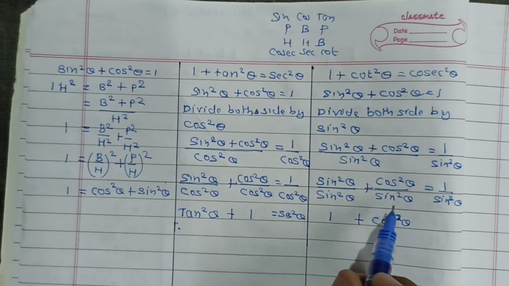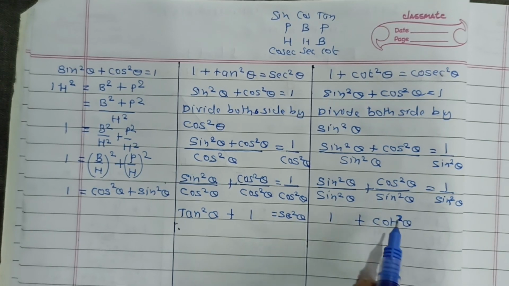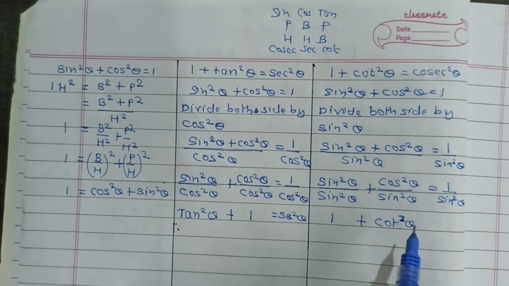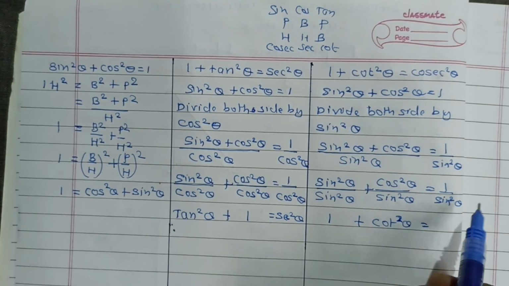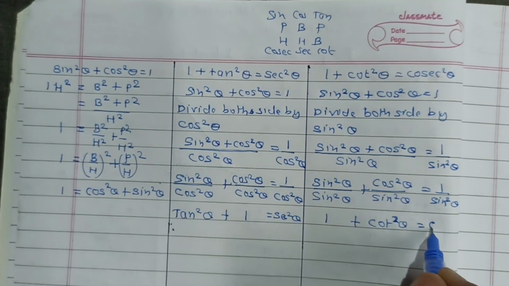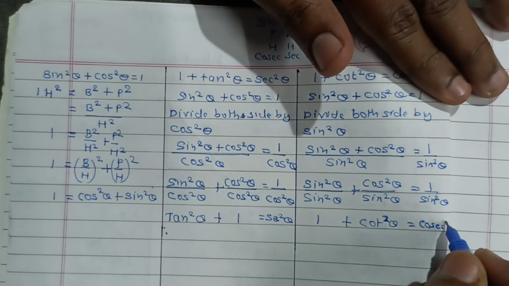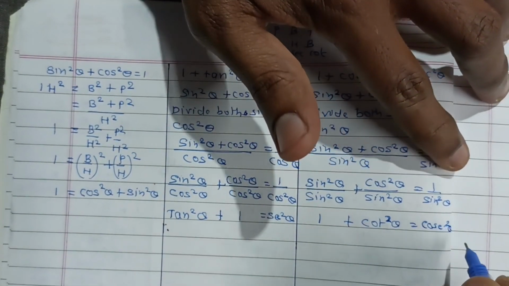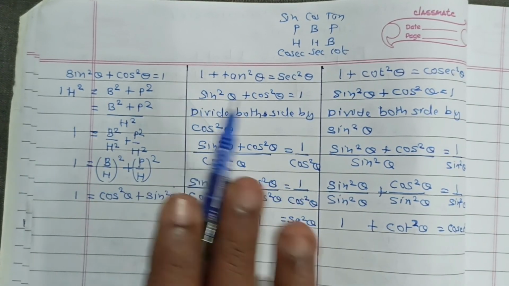You can write cos²θ upon sin²θ as cot²θ. That is equal to 1 upon sin²θ. So what is the reciprocal of sin here? Cosec. Therefore you have to write here cosec²θ. So this is how you can derive these three trigonometry identities.